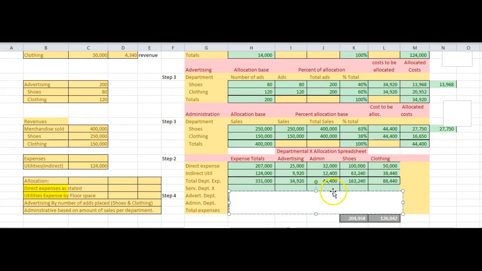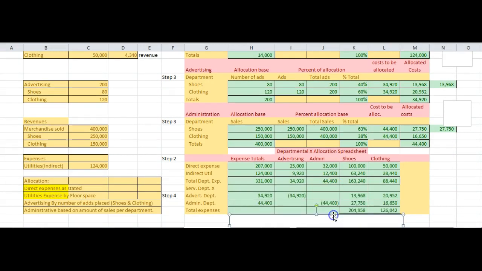And it looks like this in the worksheet. I take it out of these departments, so this is 0. And I take these numbers, how we've allocated them with the percentages, and place them in shoes and 20,952 in clothing. Do the same thing with the 44,400.